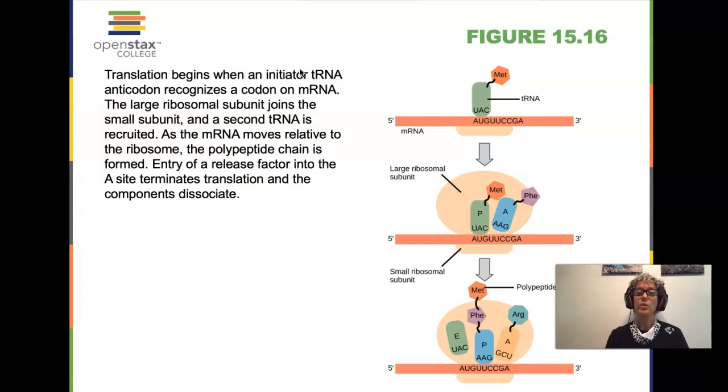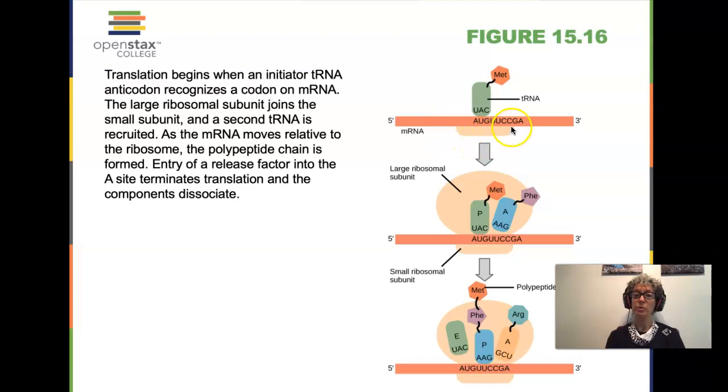The translation is going to begin not by an entire sandwich and everything coming together at once. Like everything else in biology and chemistry, there's an order and a stepwise fashion that has to be followed. The first thing that happens is the small ribosomal subunit binds so that it covers not only the first codon, but a little bit before it, and it's big enough to cover a little bit after it.